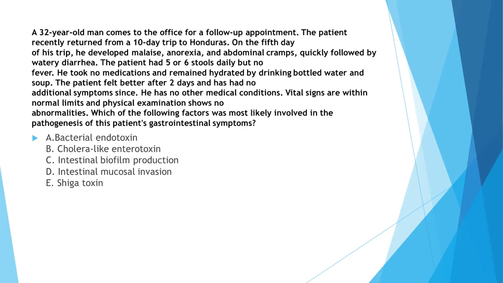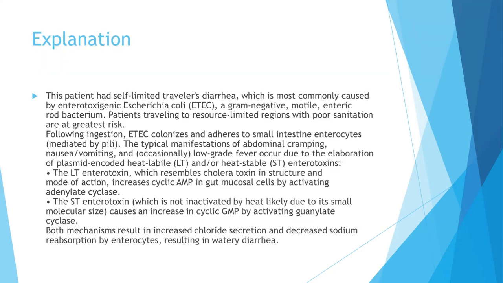He has no other medical conditions, vital signs are within normal limits, and physical examination shows no abnormalities. So which of the following factors was most likely involved in the pathogenesis of this patient's gastrointestinal symptoms? Bacterial endotoxin, cholera-like enterotoxin, intestinal biofilm production, intestinal mucosal invasion, or Shiga toxin.